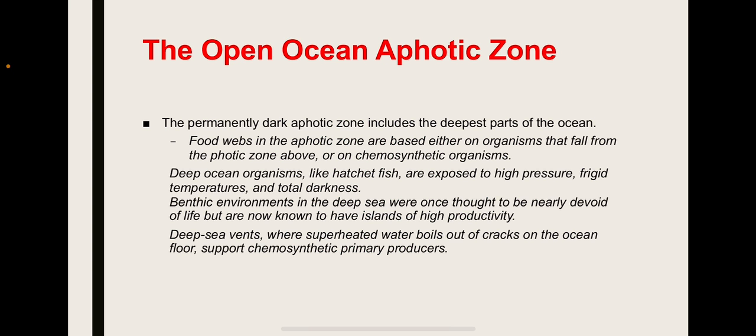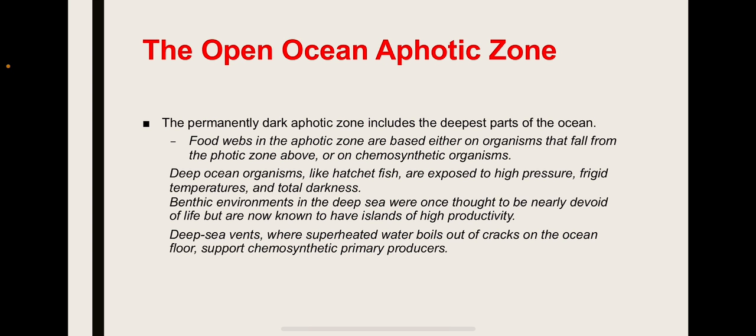The aphotic zone includes the deepest parts of the ocean, dark and with food webs that depend on organisms falling from the photic zone above. Deep ocean organisms, like light-producing fish, are exposed to high pressure, frigid temperatures, and total darkness.